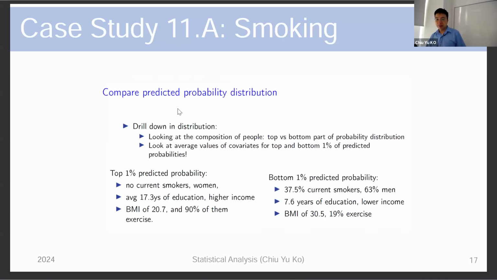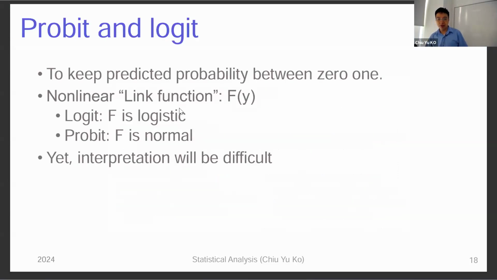So that's why there are other reasons that this is a problem. So that means that instead of using the linear model, we use a non-linear model. Okay, and for the non-linear model, there are two ways to handle.